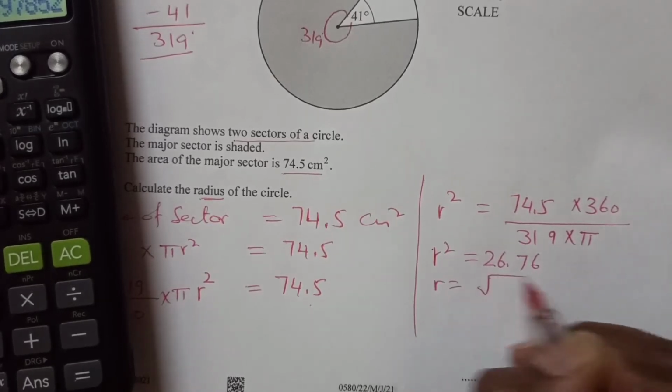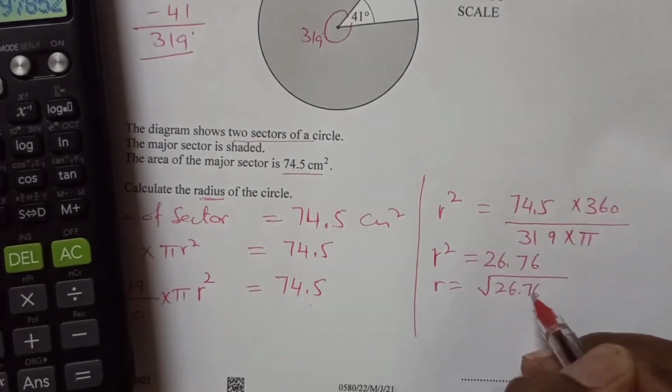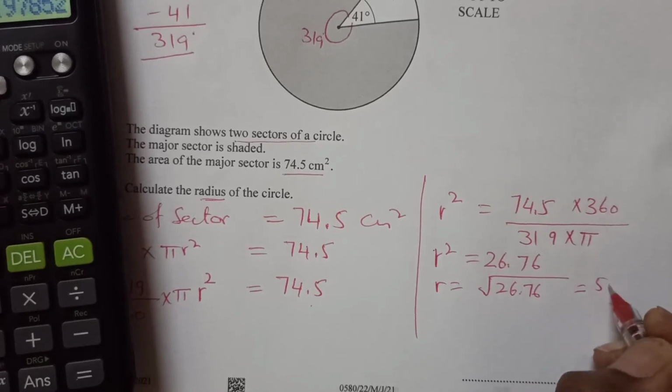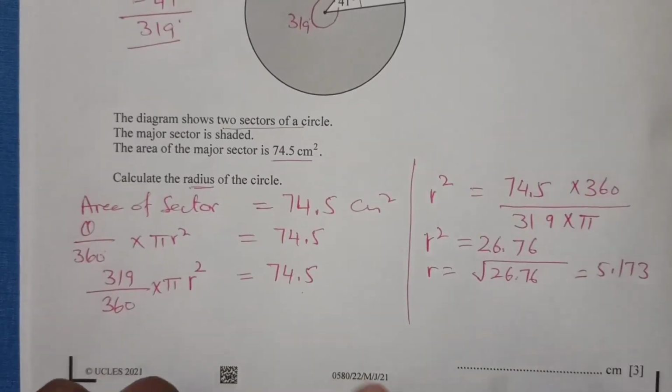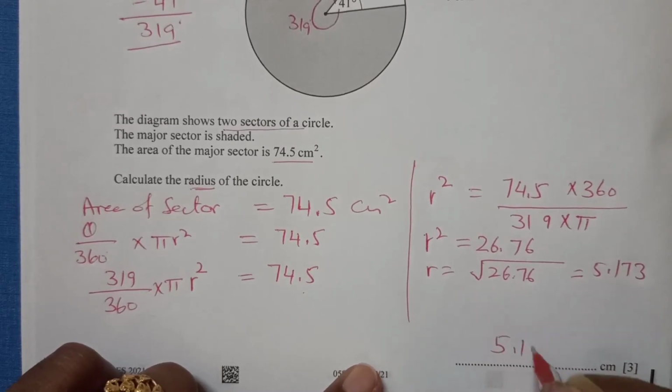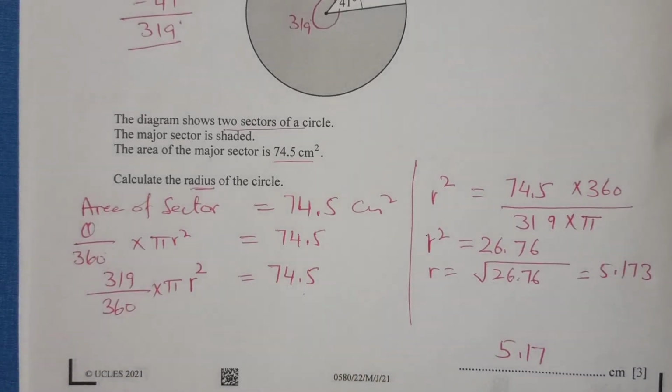Then take the square root, which is 5.173. So writing in three significant figures, we have 5.17 centimeter is the radius. I hope you understood this question. If there is any doubt, you can let me know in the comment section. Let's move to the next one.